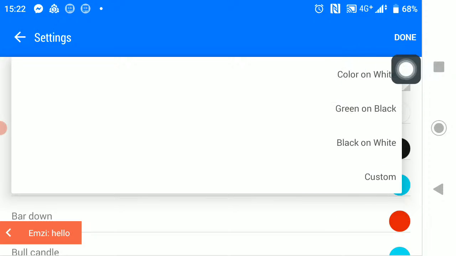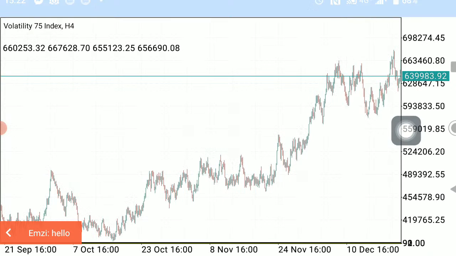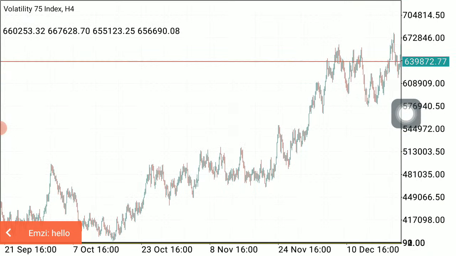Let me just click here, color and white. If I click down, this is what you see. So this is the normal default setting. You can see the bullish is green, the bearish is red. You have the background white, and you have the grid lines in between. You can see the little ash lines in between.